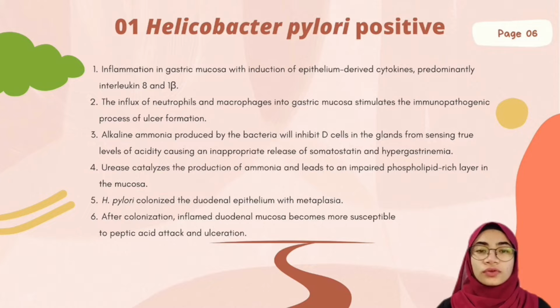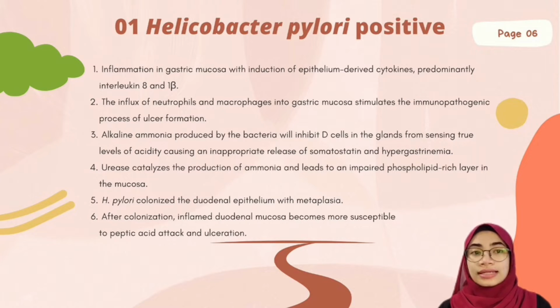The influx of neutrophils and macrophages into the gastric mucosa stimulates the immunopathogenic process of ulcer formation. The alkaline ammonia produced by the bacteria will inhibit these cells in the glands from sensing the true levels of acidity, causing an inappropriate release of somatostatin and hypergastrinemia.